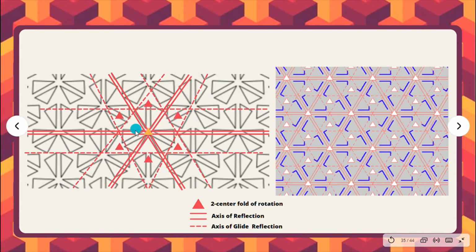Here we can see that these triangles are rotating around the fixed points. We have two triangles here, two triangles here, two triangles here, and so on and so forth around the plane. And this can also be depicted as a reflection, since it is reflected here, triangle 1, triangle 2, diagonally.